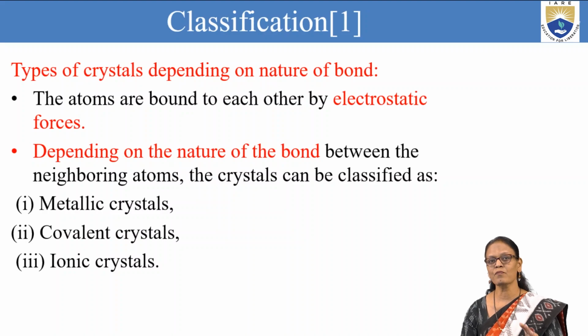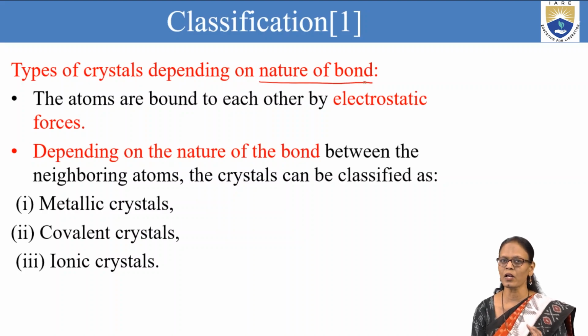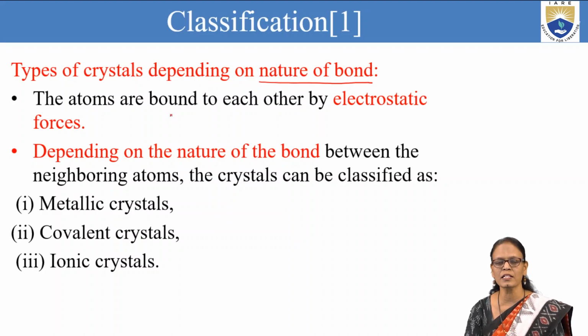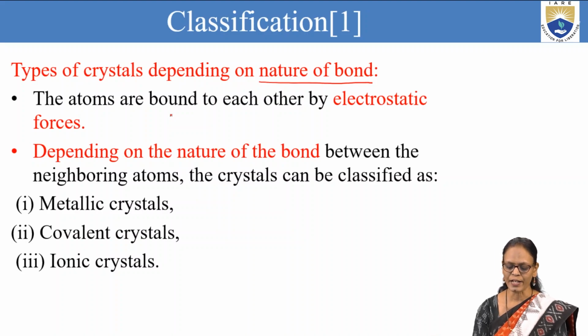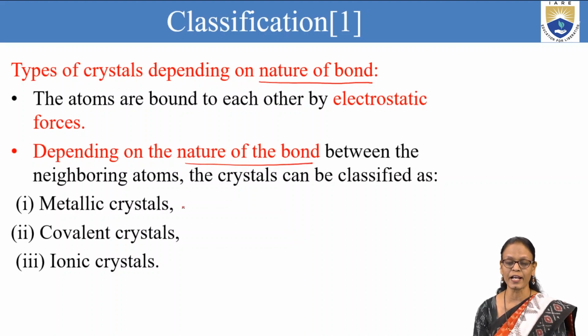Now we are going to see one more classification, that is depending on the nature of bond. Depending on the nature of bond, we are going to classify them, because the atoms are bound to each other by electrostatic forces of attraction, and depending upon the nature of the bond between the neighboring atoms, they are classified as metallic crystals, covalent crystals, and ionic crystals.